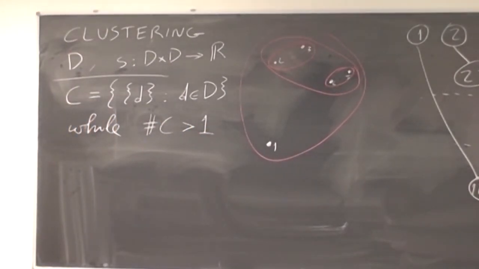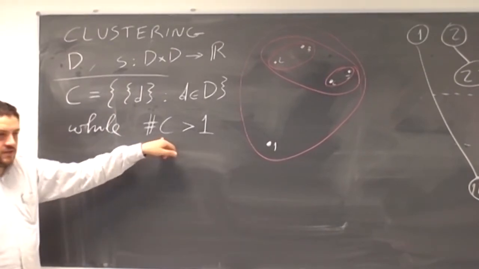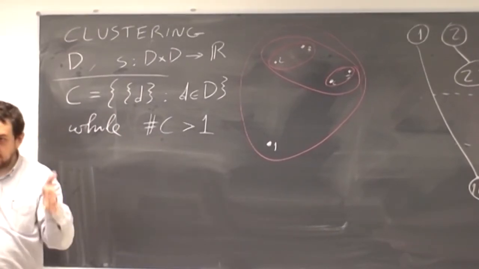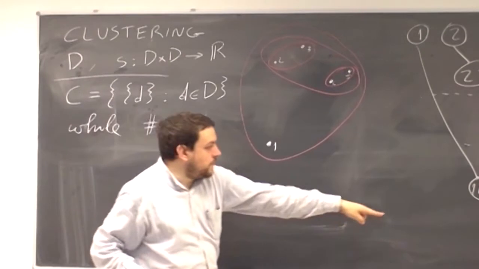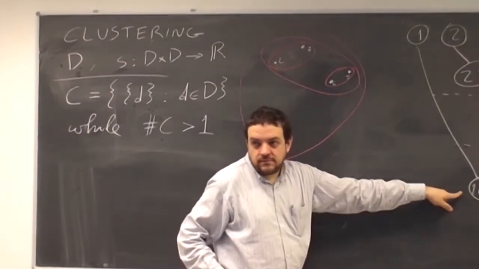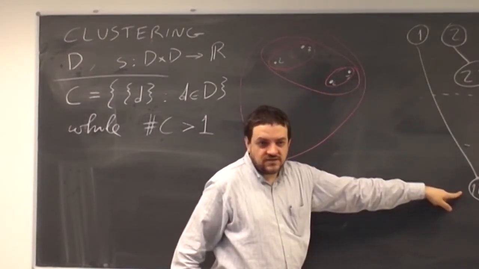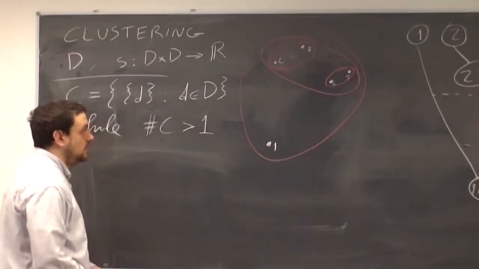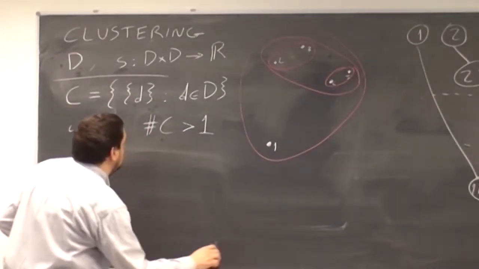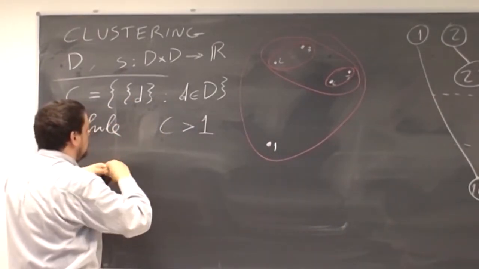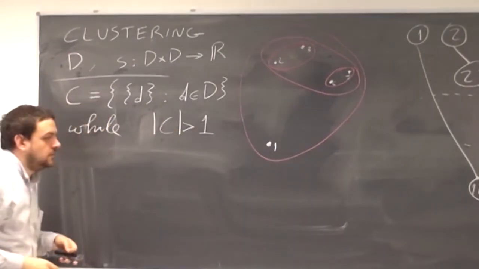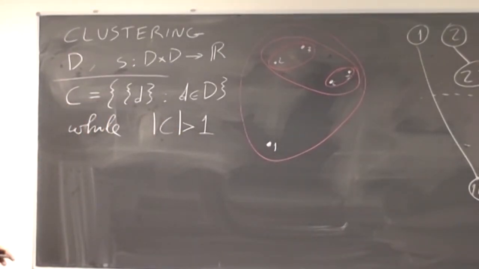So, as long as C has more than one set, we will stop when C is just one set. Okay, other than this symbol, maybe let's use this. Okay, number of elements in C.